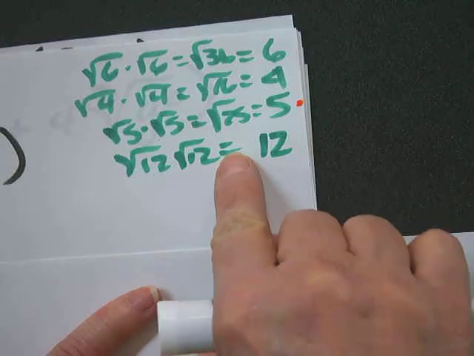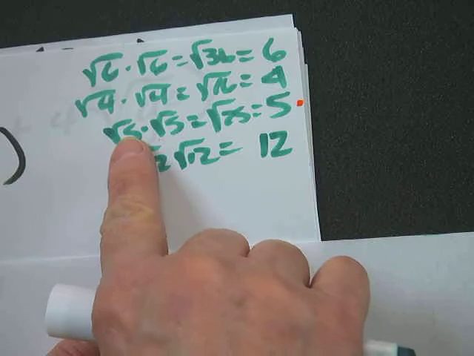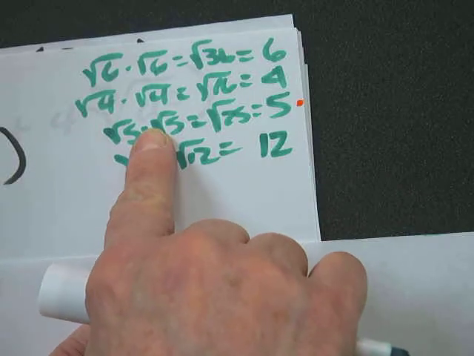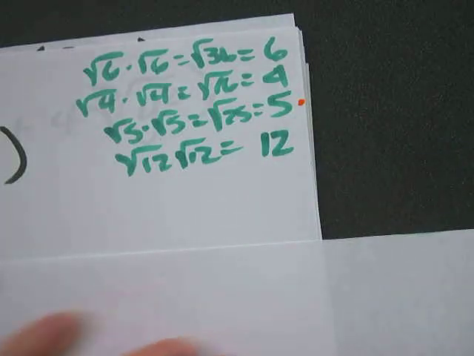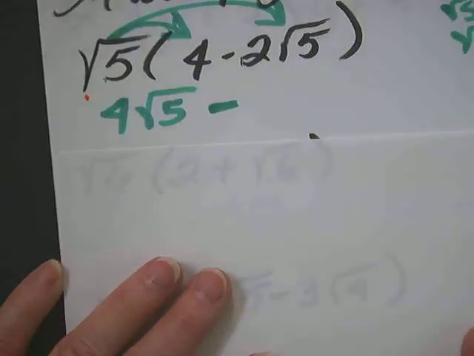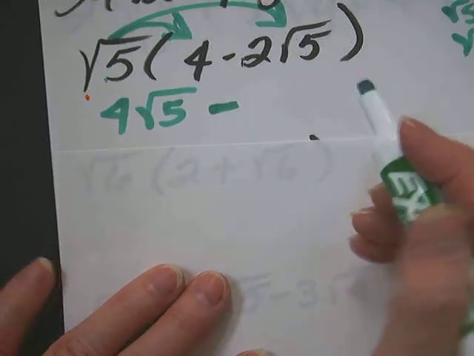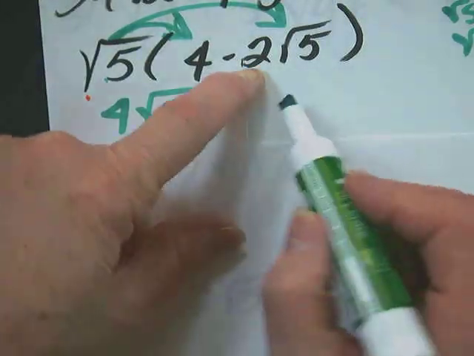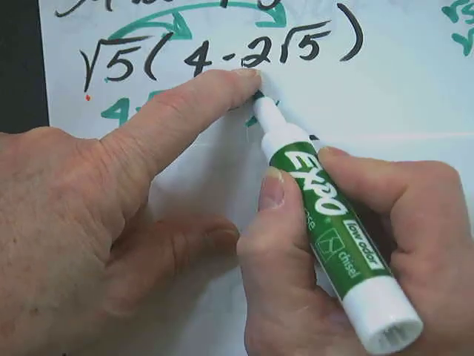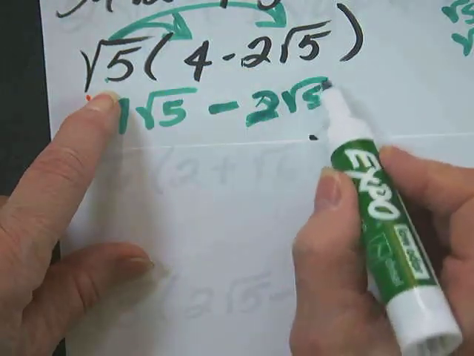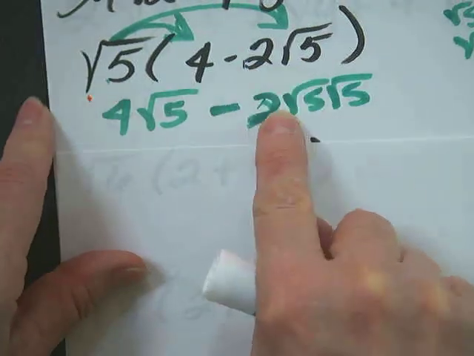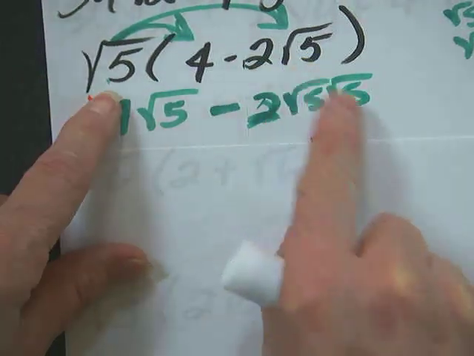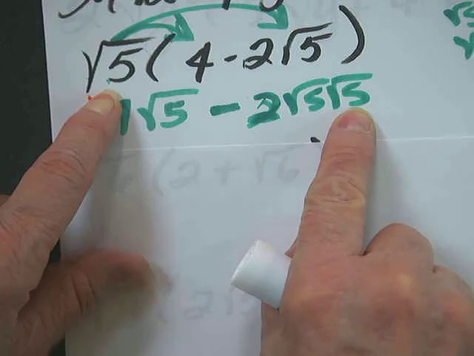Look what's happening. A square root times itself is just that number. So square root of 5 times square root of 5 is 5. Square root of 12 times square root of 12 is square root of 144, which is 12. So instead of writing that in-between step, a square root times itself is that number, which gets rid of the square root.